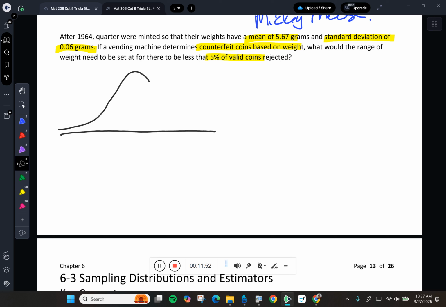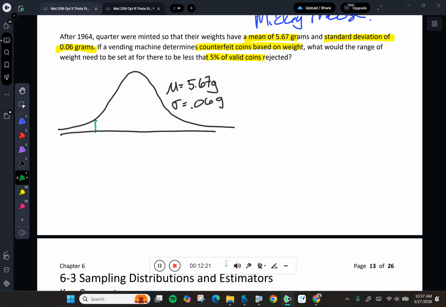Coin weights normally distributed with a mean of 5.67 grams, a standard deviation of 0.06 grams. And I want to weigh my coins when they come through the machine and only reject coins that are too light, so they must be counterfeit, or too heavy, so they must be counterfeit.